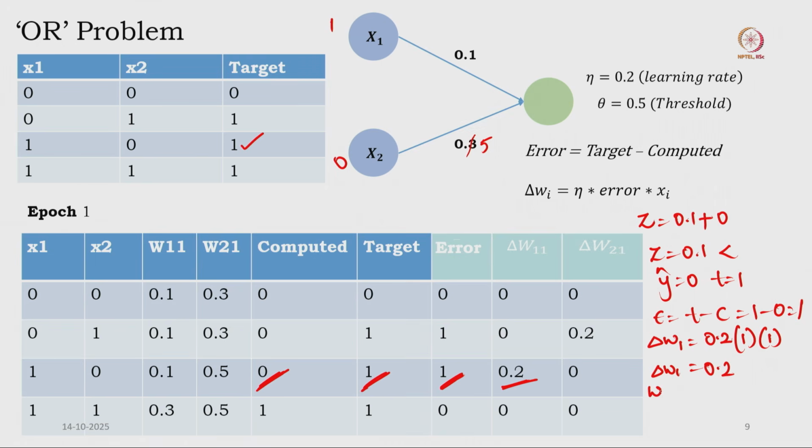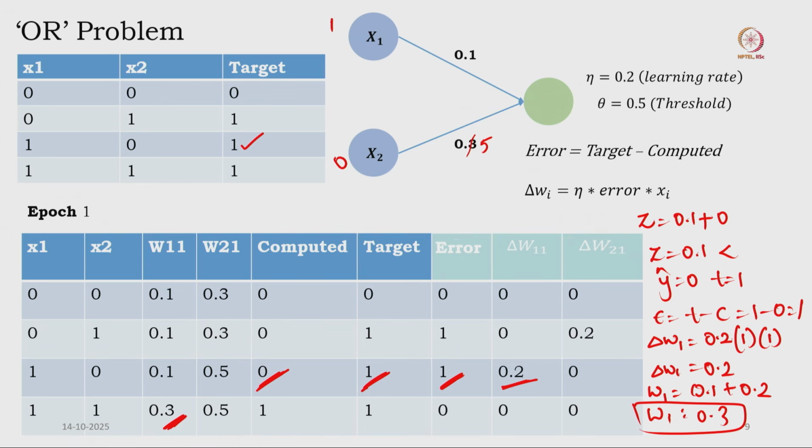And what is the new weight? What was the old weight? 0.1 and the change is 0.2. So, now we are updating W1 to 0.3. Similarly, you can check for W2 and see how it is updated.